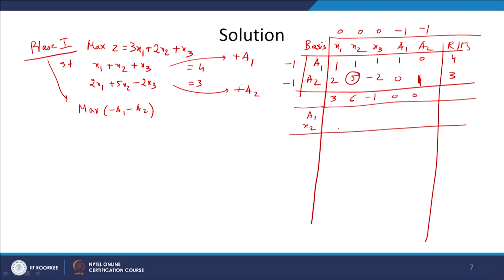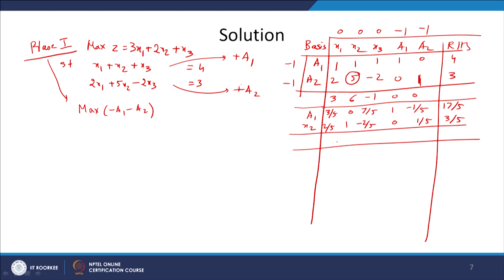And the new table that you get is 3 by 5, 0, 7 by 5, 1, minus 1 by 5 and 17 by 5. Similarly, the second line becomes 2 by 5, 1, minus 2 by 5, 0, 1 by 5 and 3 by 5.